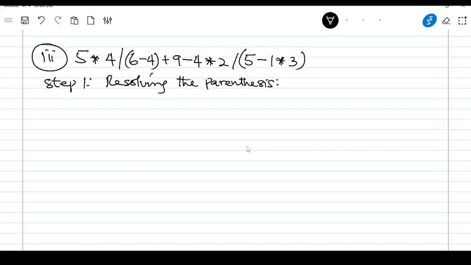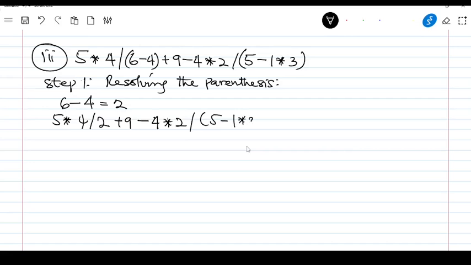Resolving the parenthesis, we are going to have it as 6 minus 4 is going to be equal to 2, right? So the expression now becomes 5 times 4 divided by 2 plus 9 minus 4 times 2 divided by the parenthesis 5 minus 1 times 3.